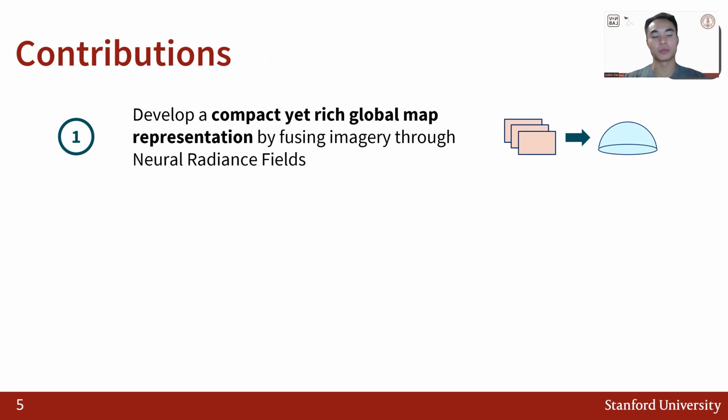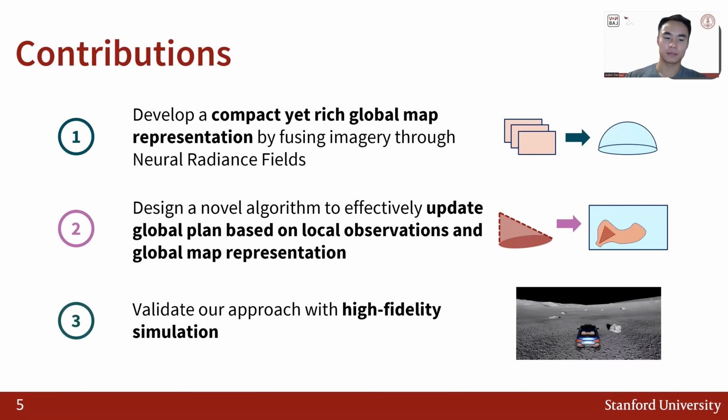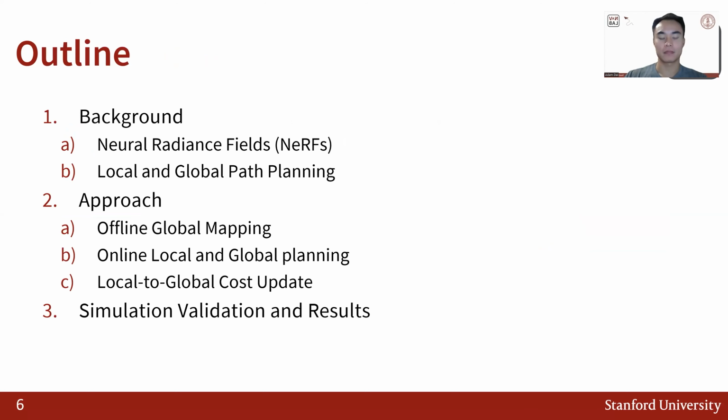To summarize our contributions, first we develop a compact yet rich global map representation by fusing imagery through neural radiance fields. Next, we design a novel algorithm to effectively update the global plan based on local observations and this global map representation. And finally, we validate our approach with high-fidelity simulation.